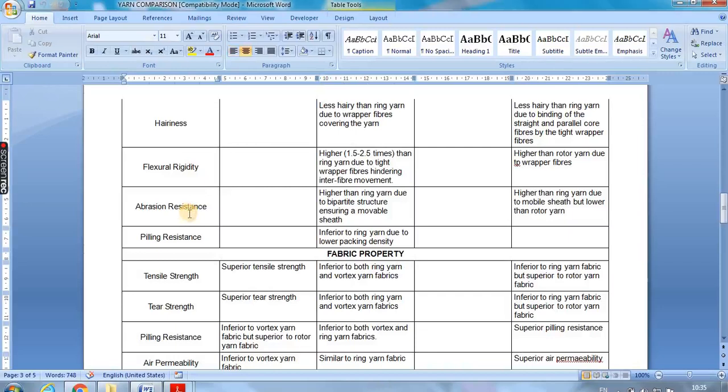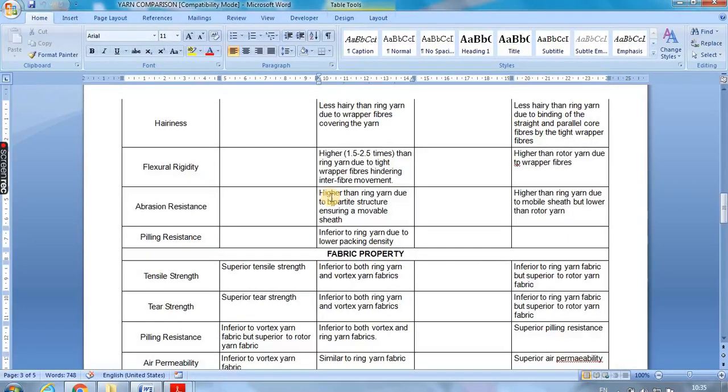Coming to abrasion and pilling, these two properties are opposite to each other, right? Abrasion means when you are abrading the yarn, between a metal and the yarn, it will get damaged. How far it can withstand that abrasion is called abrasion resistance. Interestingly, the rotor yarn has a higher abrasion resistance because of the bipartite structure, which we have already seen.